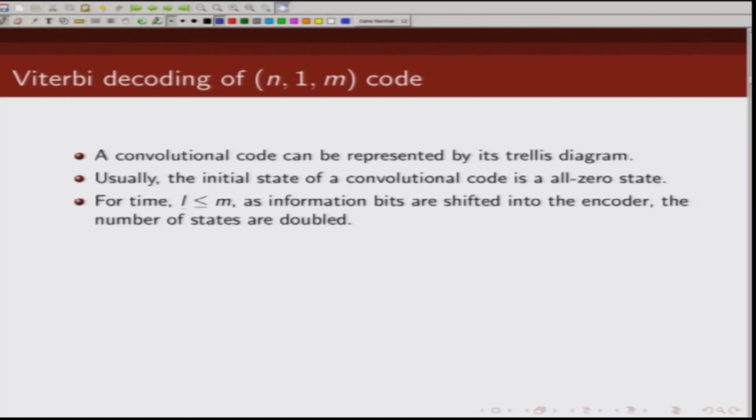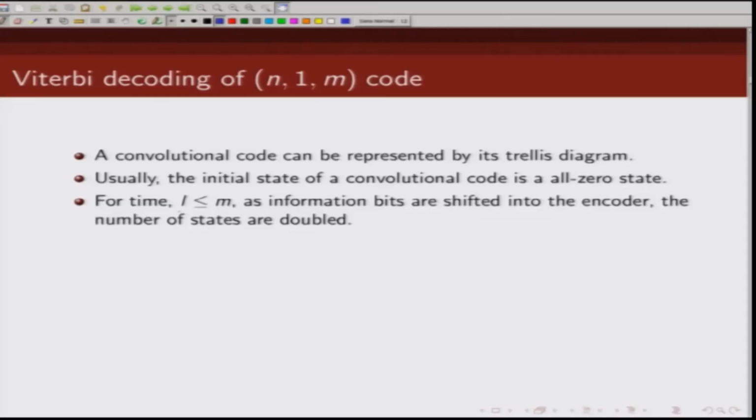For time L less than the memory order, we notice that the information bits are getting shifted into the encoder one bit at a time, and the number of states gets doubled. Initially it is in the all 0 state, then once 1 bit gets in, there are 2 possibilities.